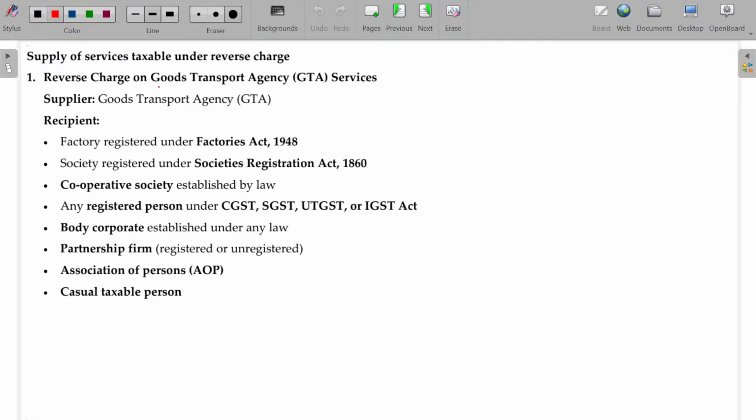GTA agencies, goods transport agencies, GTA services.